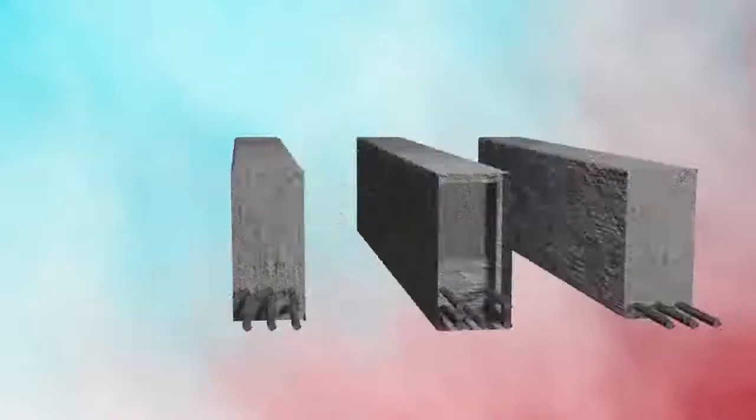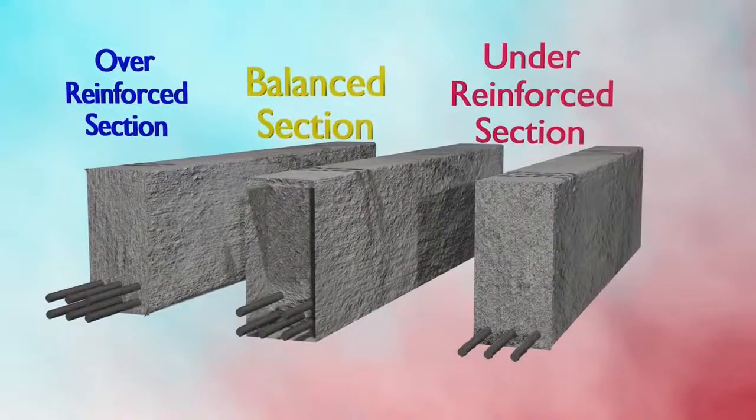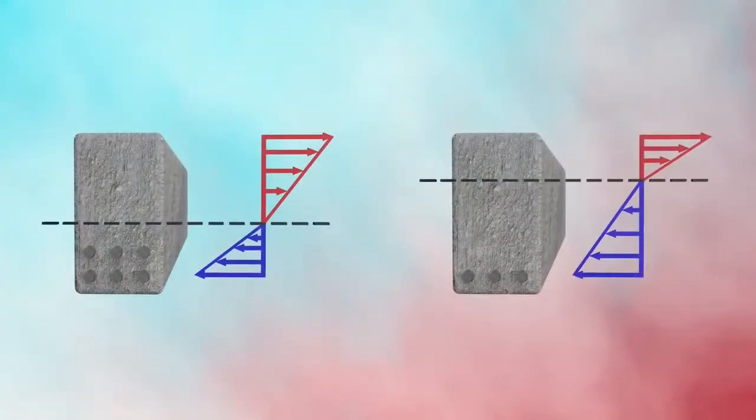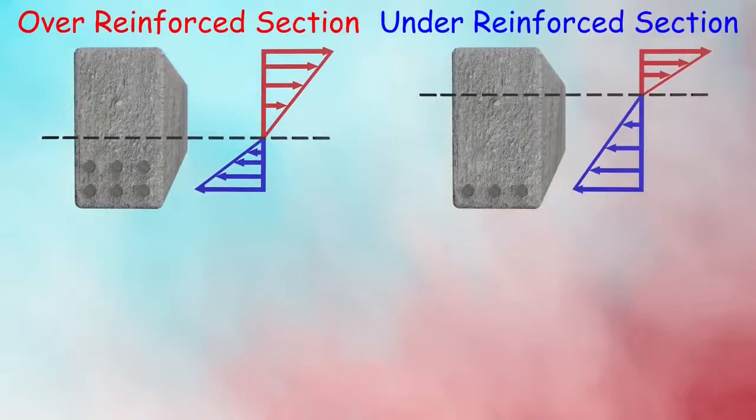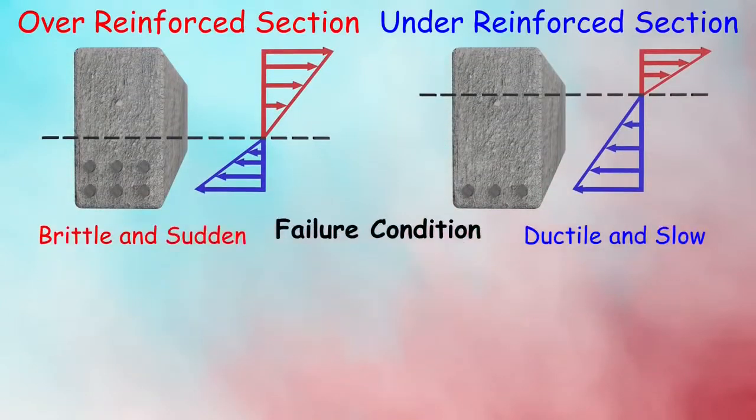Therefore, if we compare these three beam sections, it is always advisable to go with under reinforced beam sections, because not only is it cheaper to construct, it is also safer compared to the other beam sections. This is because of its ductile failure, which gives warning to the people inside the building enough time to evacuate before the collapse, and therefore reduces the intensity of the hazard.